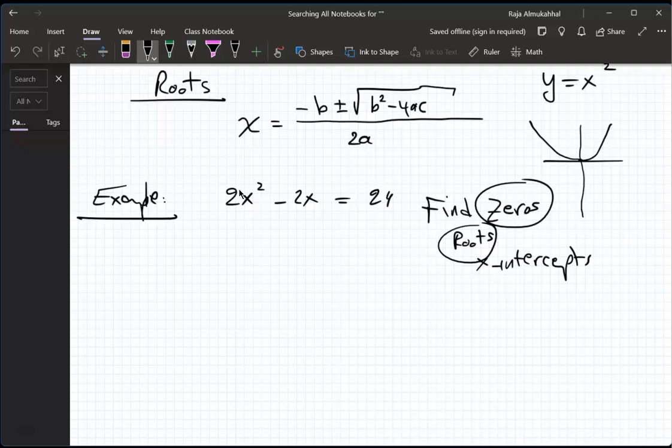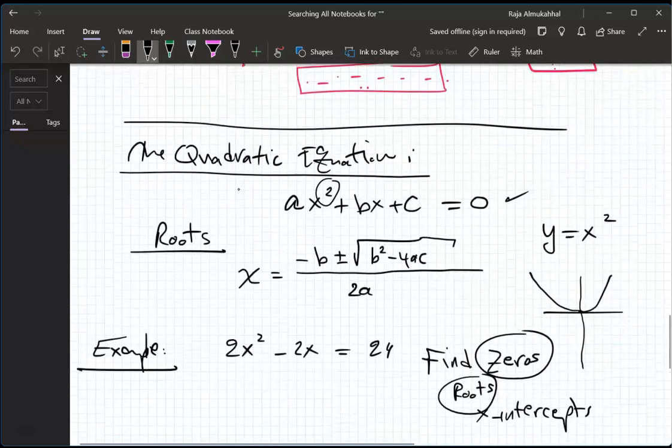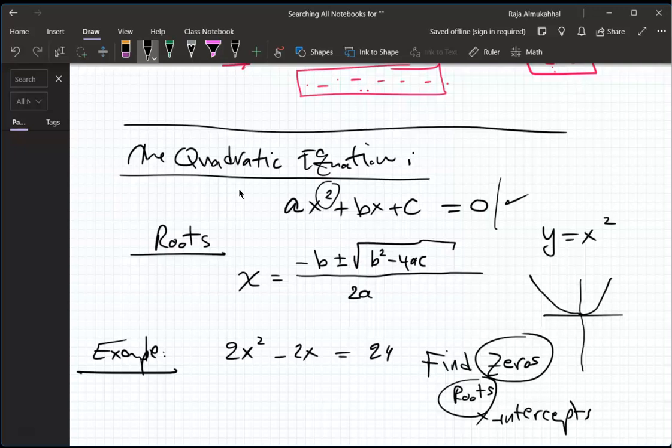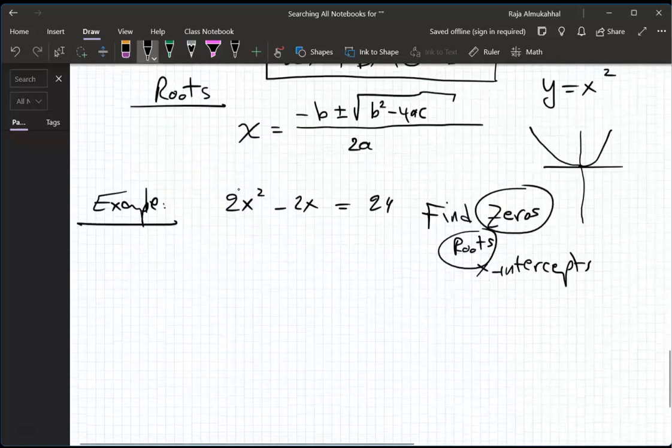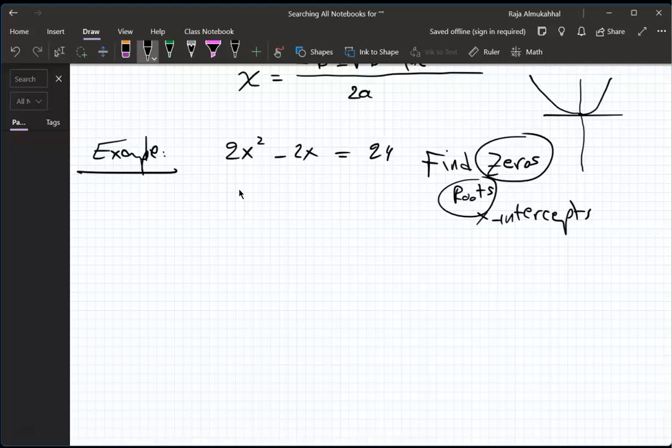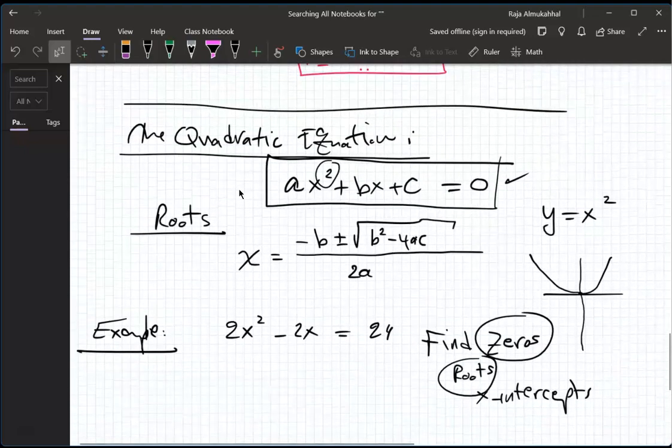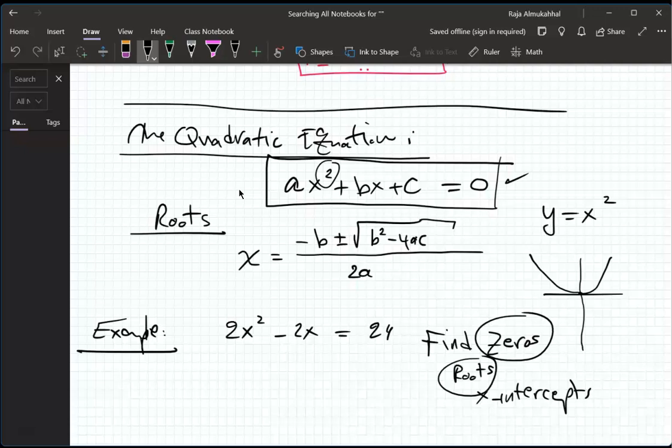So the first thing you need to do is put your quadratic equation into the standard form. This is the standard form. So always make it equal to 0, okay? And then try to reduce it as much as possible. And you put it in the same order. The order is x squared, and then an x, and then a number. You see what I'm saying? So it is ax squared plus bx plus c.